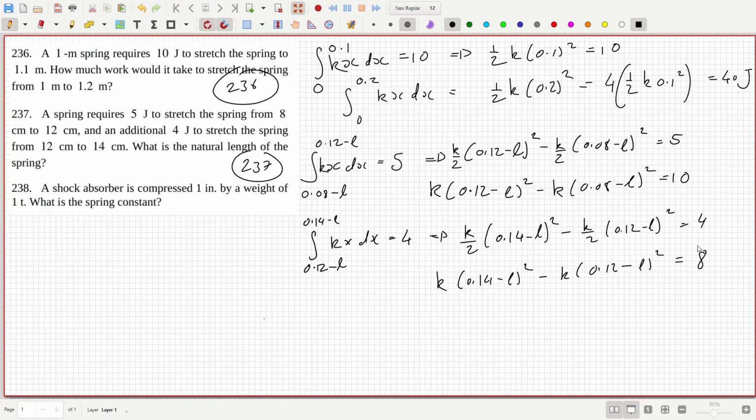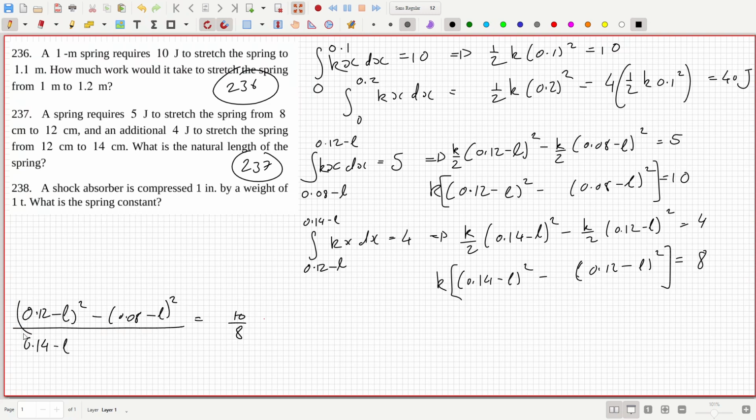So I could definitely take the k out. And then if I divide, I get the equation: 0.12 minus L squared minus 0.08 minus L squared equals 10 over 8, times 0.14 minus L squared minus 0.12 minus L squared.